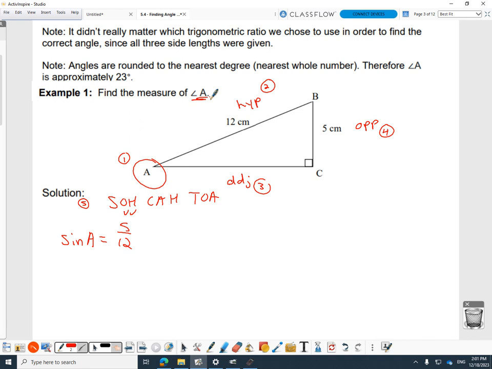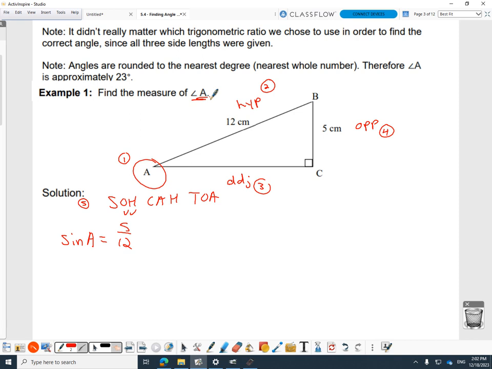Now, who's been paying attention here? Sine of A is 5/12. I want the angle. What button am I going to have to use to get the angles? Sin -1. It's called sine inverse. If that -1 confuses you, I'm not sure it makes a whole lot of sense why they chose -1. If you want, think of it as opposite: negative's opposite, so it's opposite sine.